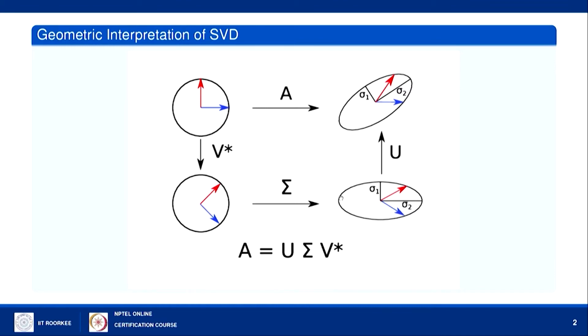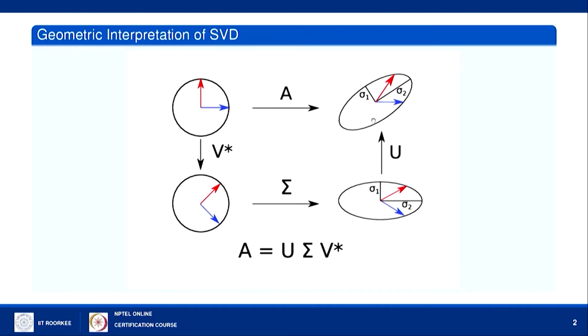So, it will scale this circle and deform it into an ellipse. If both singular values are equal, sigma 1 equals sigma 2, it will remain a circle; otherwise it will become an ellipse, where the ratio of the axes is given by sigma 1 and sigma 2. After that, I will apply U on it. U is again an orthogonal matrix and it will rotate this ellipse in this way.